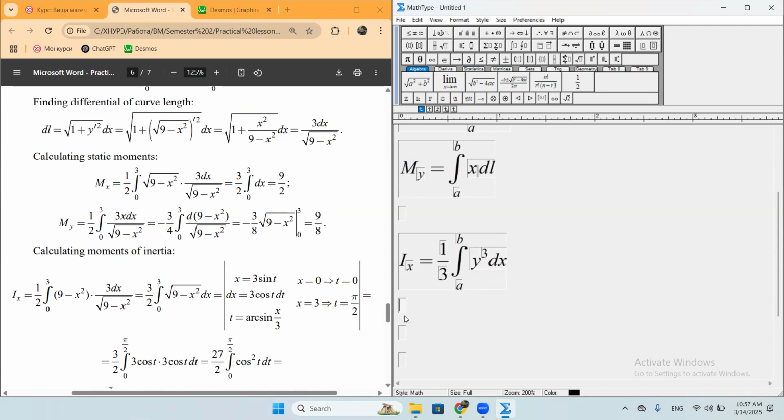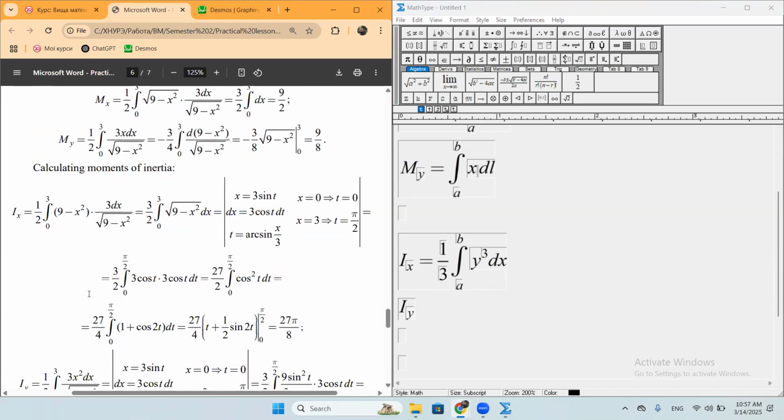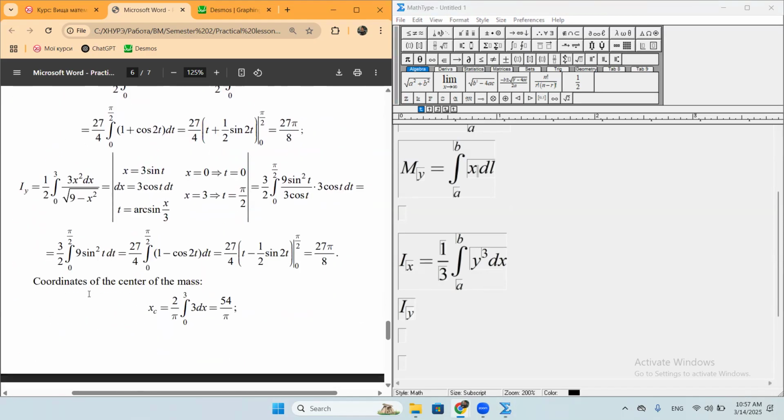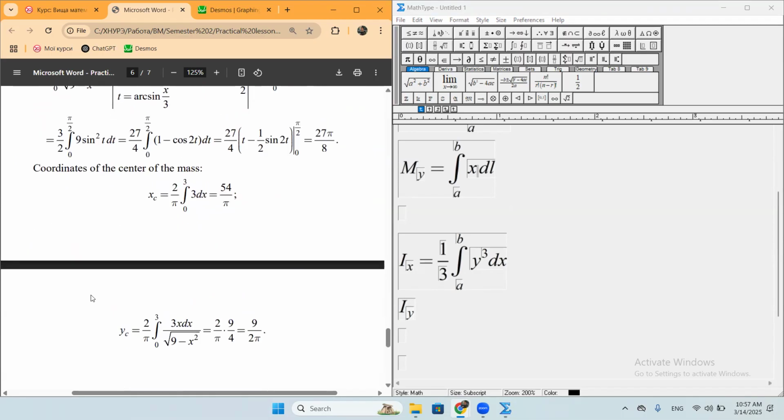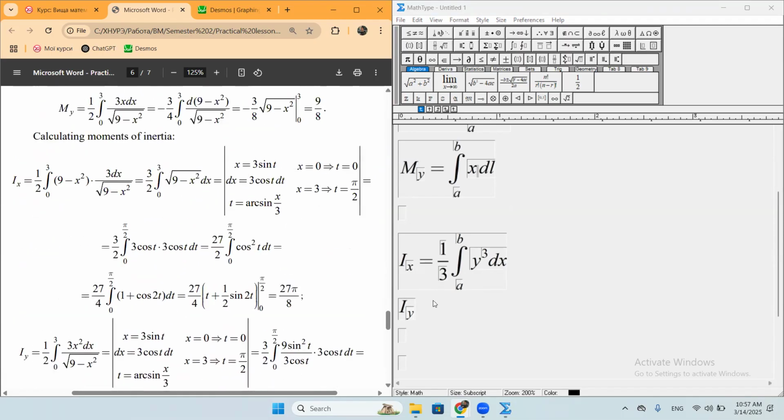And for y, it seems that something is off, no, everything is correct, because y cube. Yeah, it has to be recalculated after that.